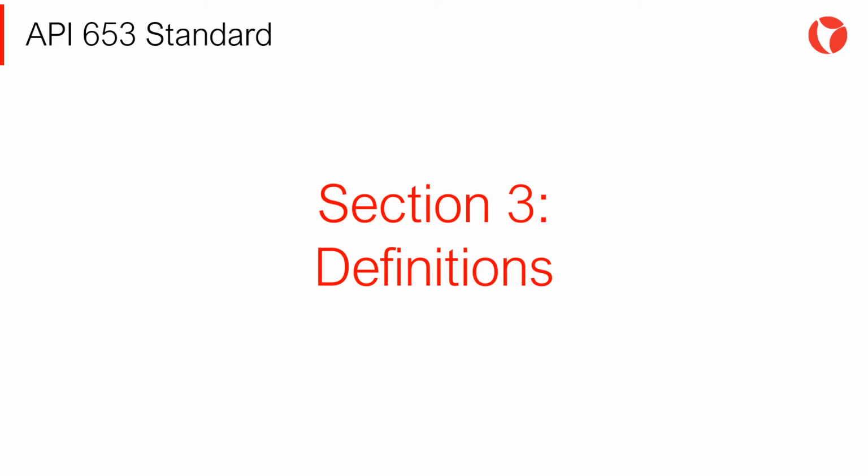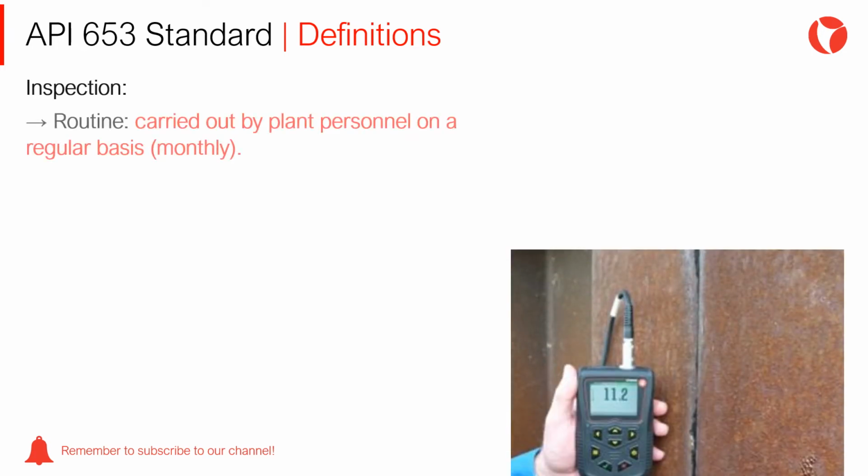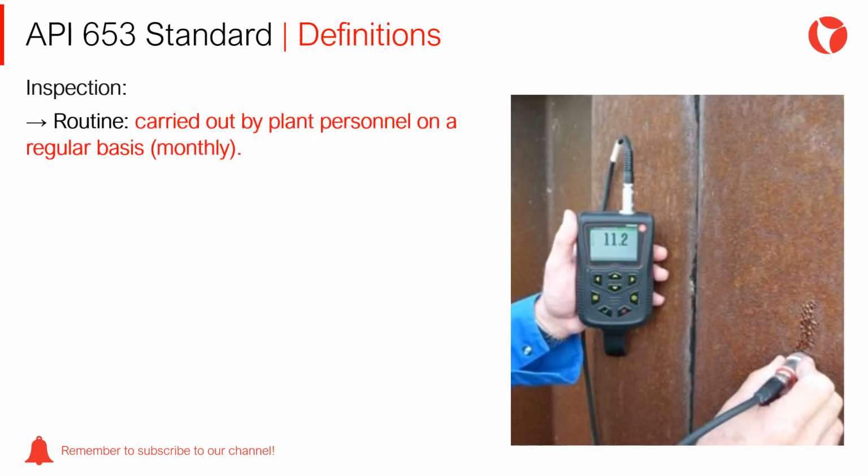Let's talk about definitions. Section 3 of the standard covers all the definitions that need to be taken into account in order to work with the standard. Routine inspection is carried out by plant personnel on a regular basis.